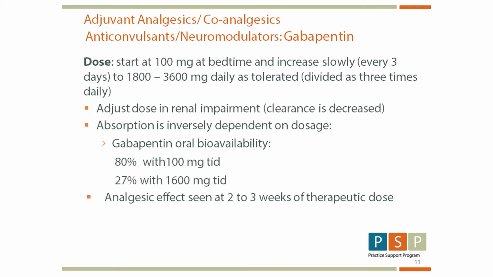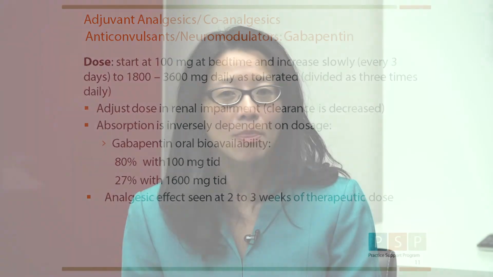But that's not in scope for this talk today. Most people, depending on age, would start at about 300 milligrams. A person who's older than 65 may tolerate this medication better at a dose of 100 milligrams. And often the titration period is every 3 to 7 days, depending on how they're tolerating the side effects.